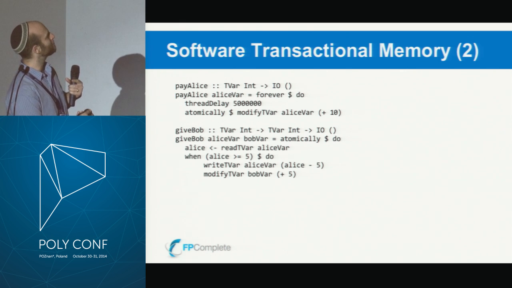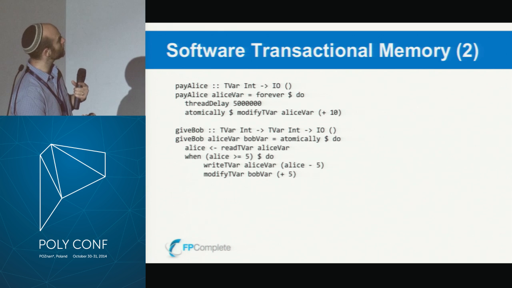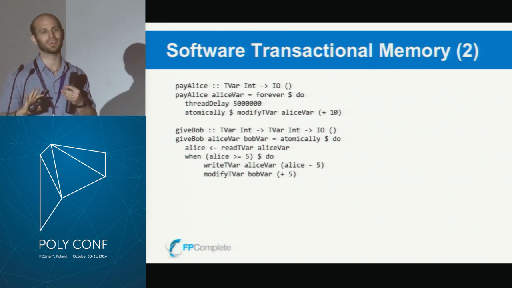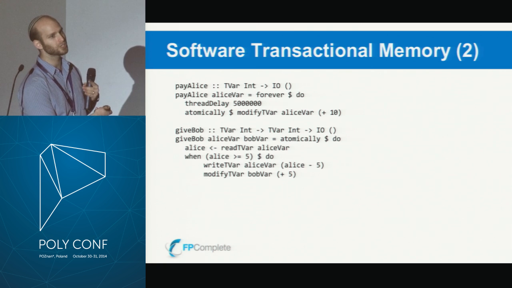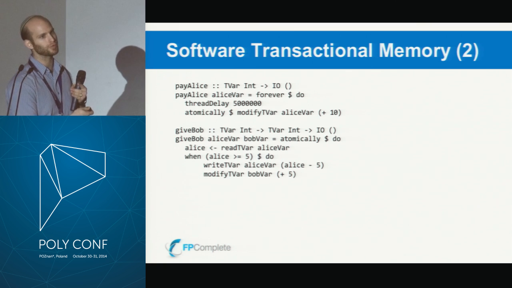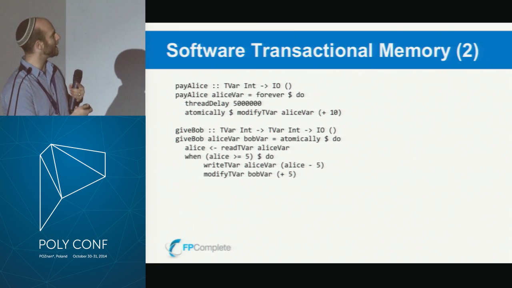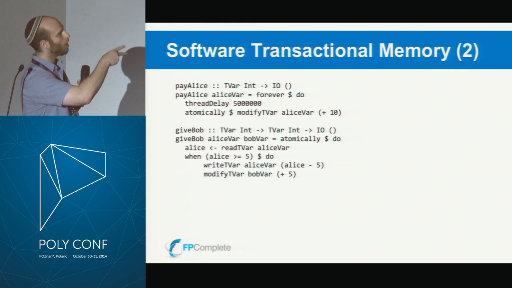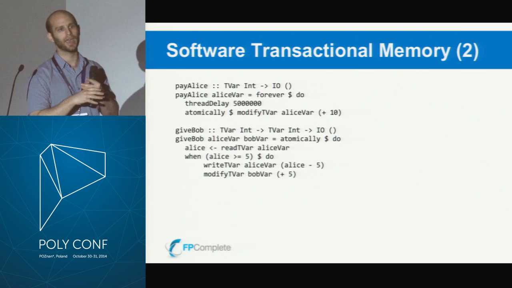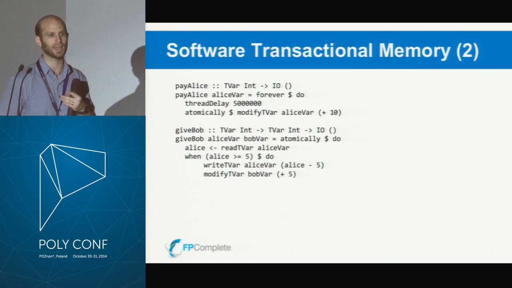What happens if Alice's bank balance was modified between these two things? No, that's not the case. STM says that if Alice's balance was modified between here and here, then the entire transaction is invalidated and we start over from the beginning. So this will make sure we have full access to control all of the variables that are touched, and only after all of that is the transaction actually committed.